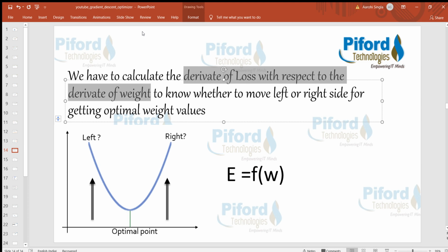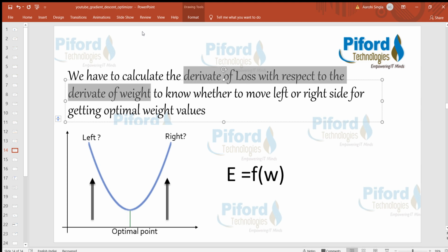Let me explain why we need to calculate this derivative of loss with respect to the derivative of weight. Basically, error is a function of inputs and weights, right? Because once you get the error, and suppose we change the weights or input values, then the actual value will change, and so will the error.